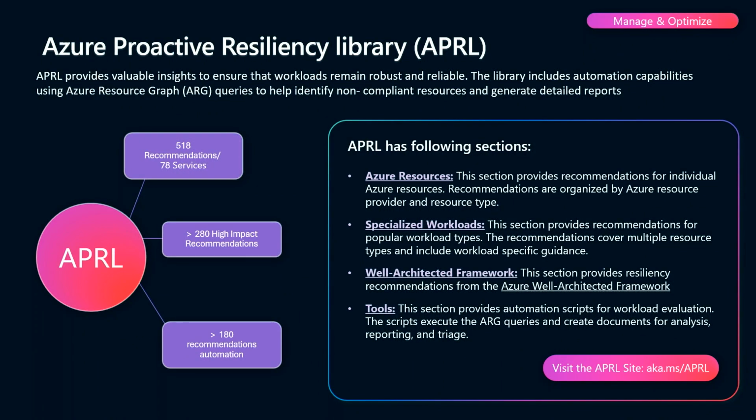You'll find a list of all the Azure services and the resiliency recommendations for every service, prioritized by low, medium, and high impact. You may want to focus on the high impact ones to start, because you don't want to boil the ocean on day one. If you were to go through all of these manually, clicking through the portal or going through PowerShell, it would take you weeks.